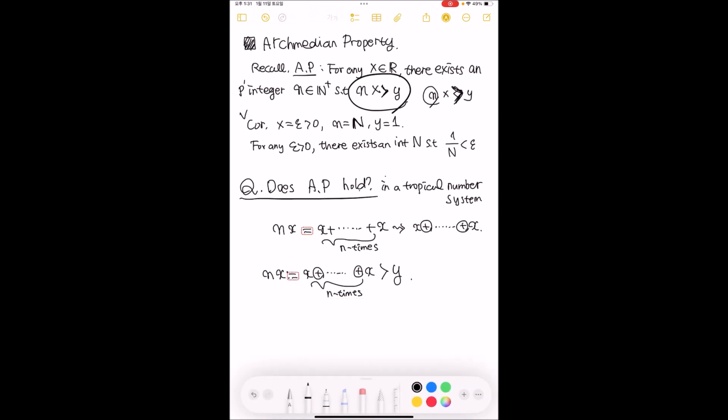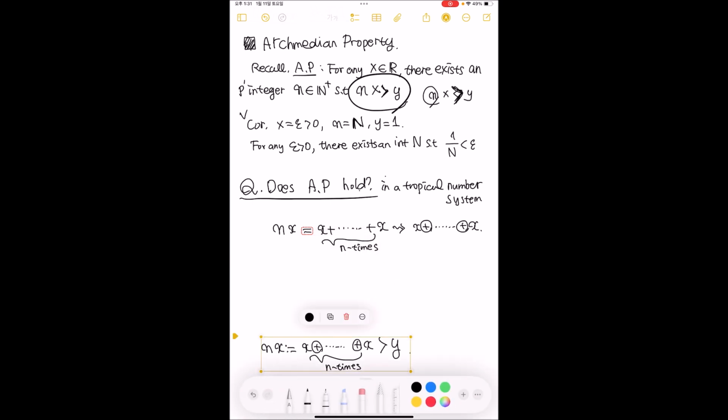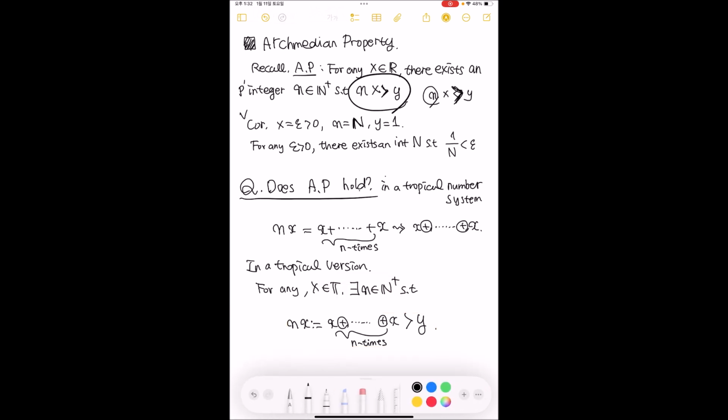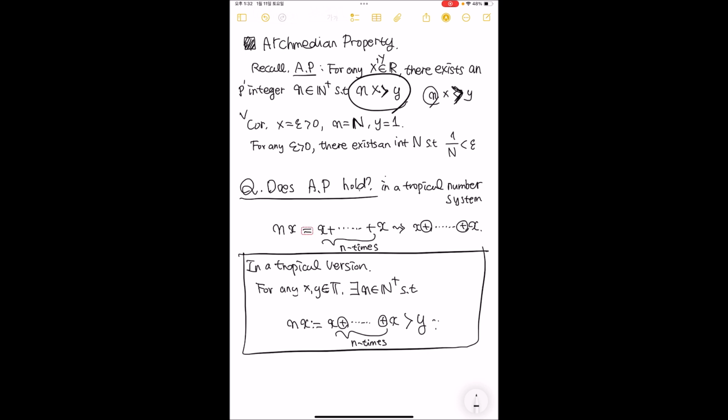So in a tropical version, for any x in T, there exists a positive integer n such that this inequality holds for y. If this holds, the Archimedean property is satisfied.